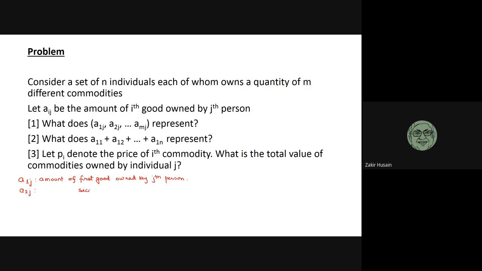This is the amount of second good which is owned by the first person, and so on. Now, can we sum them up?